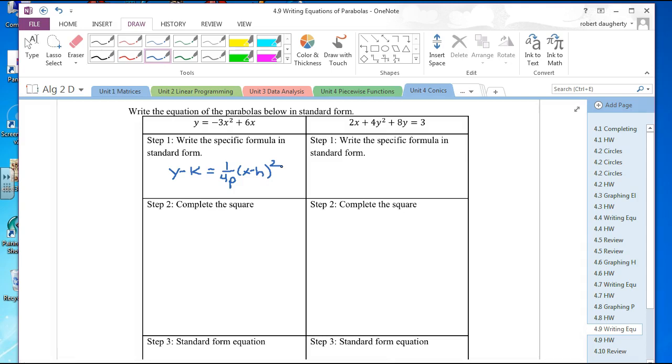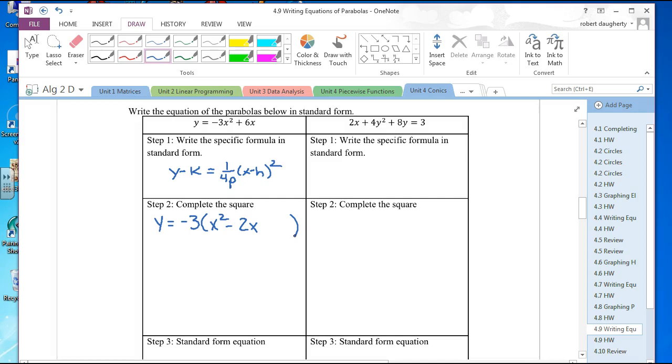So this is y equals. What do I do to complete the square when it starts with a negative 3x squared? I have to factor the what? Negative 3. So this is negative 3 times x squared minus 2x.